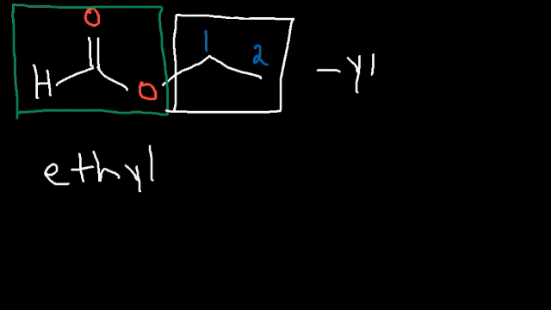And now for the portion on the left, the one that has the two oxygen atoms, we only have one carbon. So one carbon is associated with the name methane, but we're going to replace the ANE with OATE. So it's going to be methanoate.